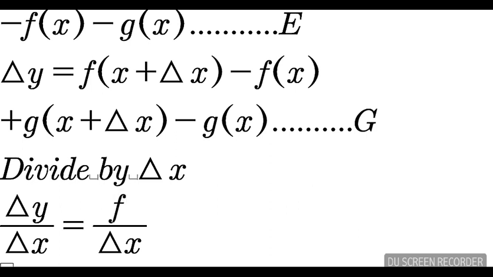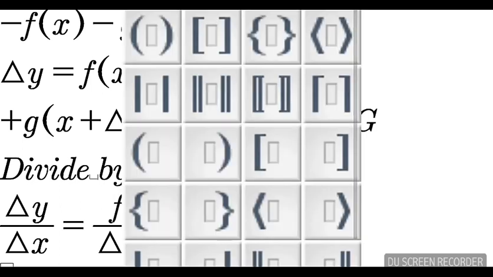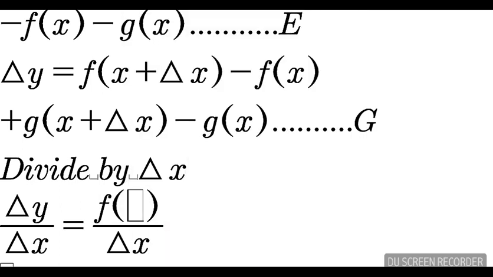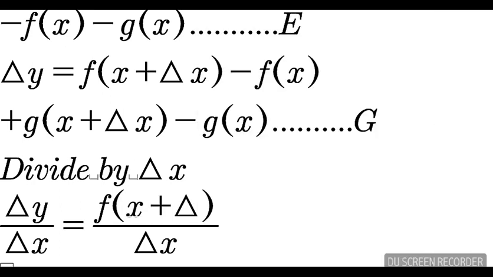So we have f of x plus delta x minus f of x plus g of x plus delta x minus g of x.